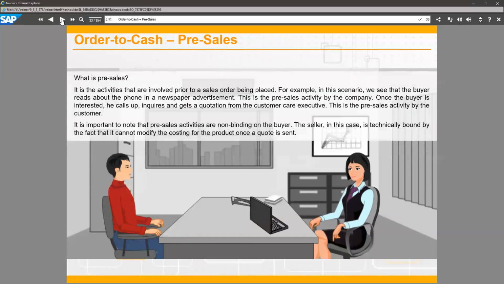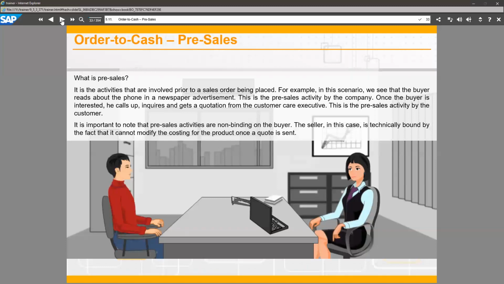Rahul, the scenario I have explained thus far was for the pre-sales stages, that is, inquiry and quotation. To be precise, pre-sales consists of a set of activities that are involved prior to a sales order being placed. For example, in this scenario, we see that the buyer reads about the bike in a newspaper advertisement. This is the pre-sales activity by the company.